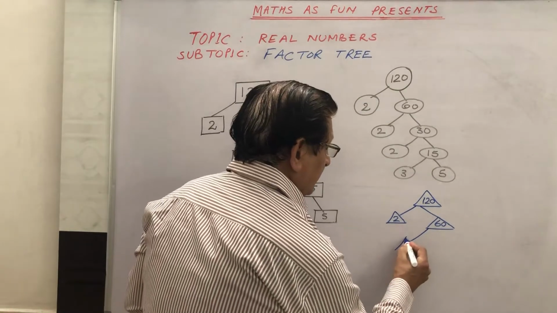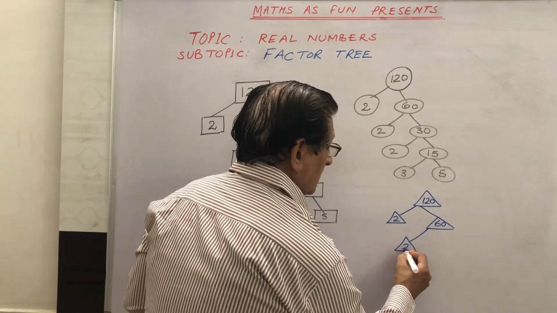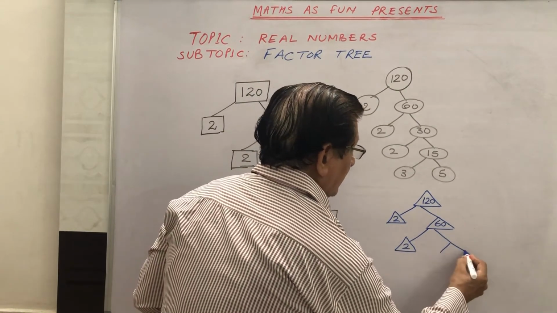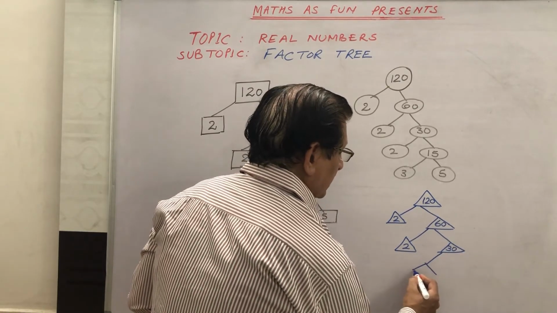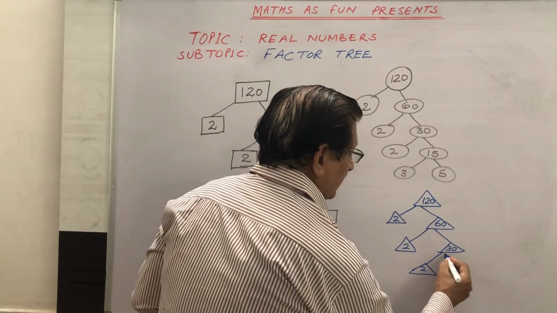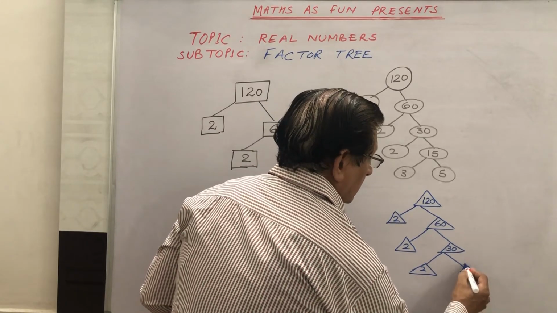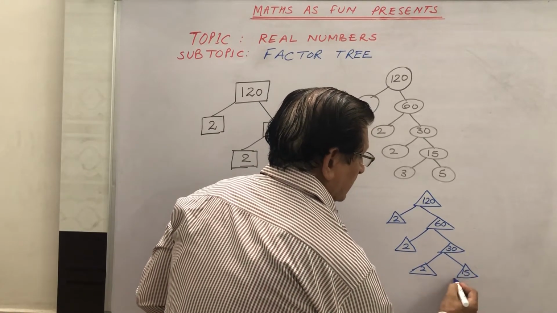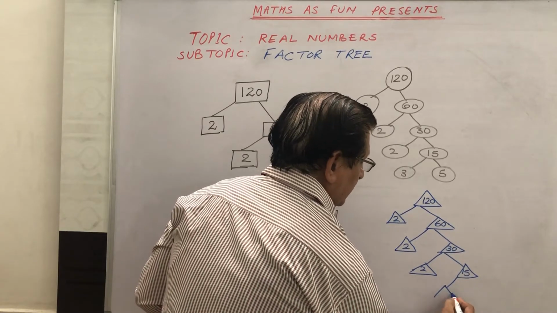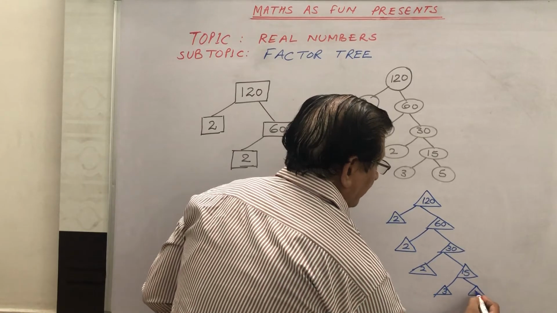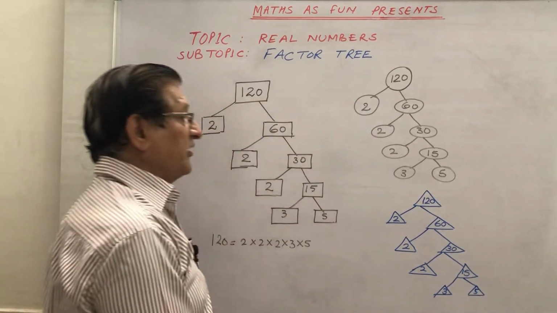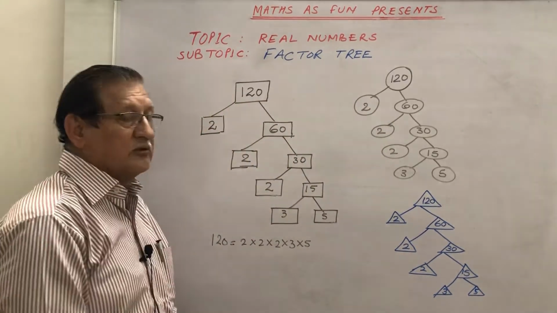Then we again divide by 2, and in the next triangle we get 30. Then again we divide by 2 because the next factor is 2, and we get 15. The next prime factor is 3, and the next triangle is 5.